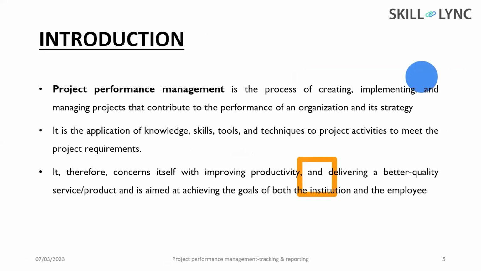So it is basically a platform or a methodology that helps to create a lot of techniques, and this will help you to implement lots of methods to make the project better. It is the application of knowledge, skills, tools, and techniques to project activities to meet the project requirements.